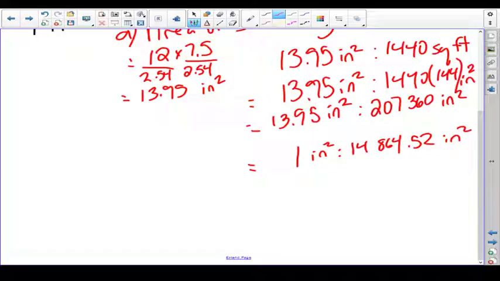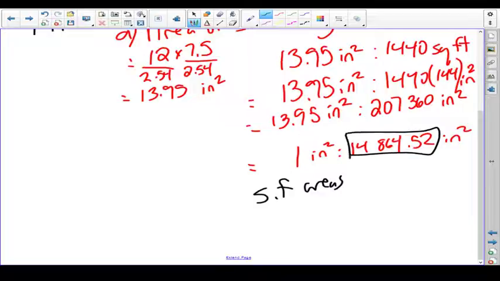Well, technically the scale factor for the areas will be 14,864.52. Okay, that's a scale factor for the areas. But I'm asking you what the scale factor is for the measurements. How do we find that?